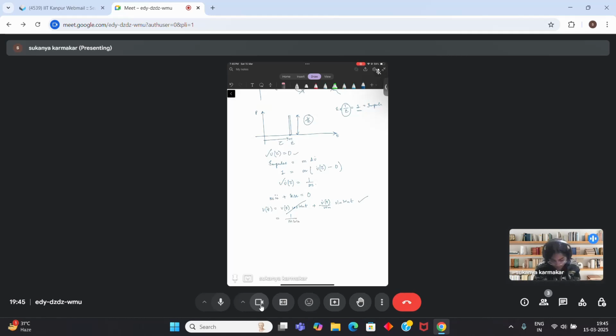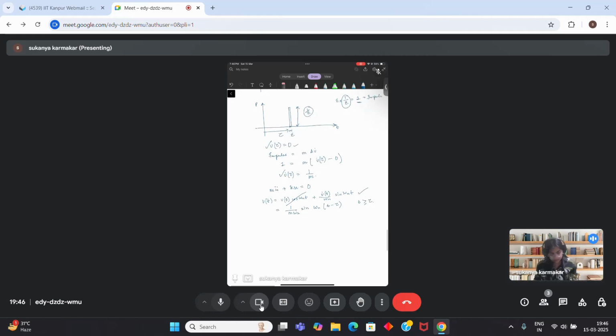Then you have this omega n sine of omega n. Then why am I writing t minus tau? Because this function will exist only when t is greater than tau. When t is less than tau, this force is not present, so there is no existence. That is why I wrote the term t minus tau.